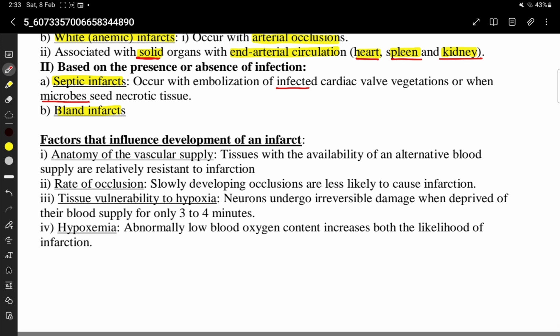Factors that influence development of an infarct are the anatomy of the vascular supply, rate of occlusion, tissue vulnerability to hypoxia, and hypoxemia.